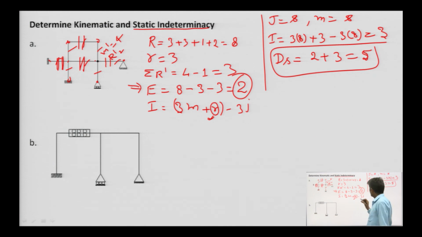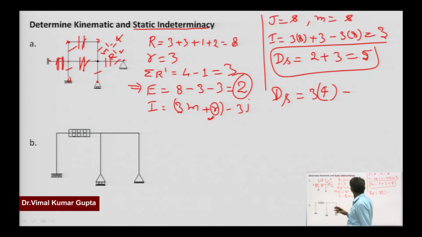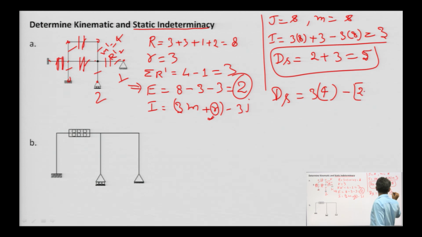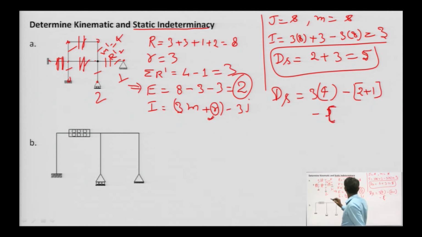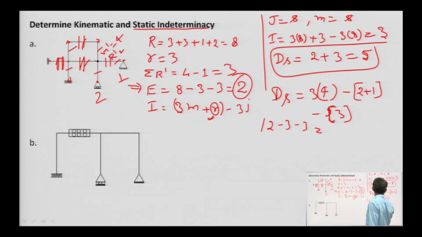So total Ds is equal to 3 times 4 minus, here 2 plus 1, 2 plus 1, minus R dash, which is 3. So 12 minus 3 minus 3 is 6, it is different.